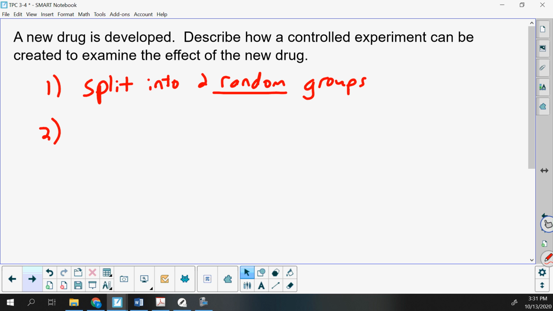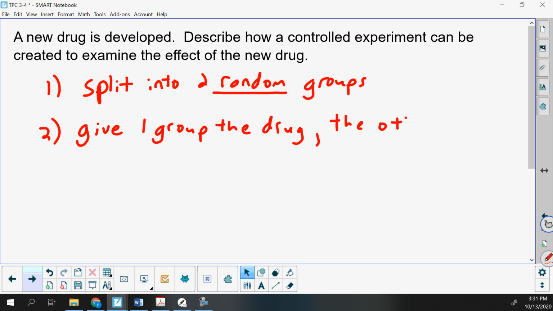Step 2, we would give one group the drug, and we would give the other group the placebo.